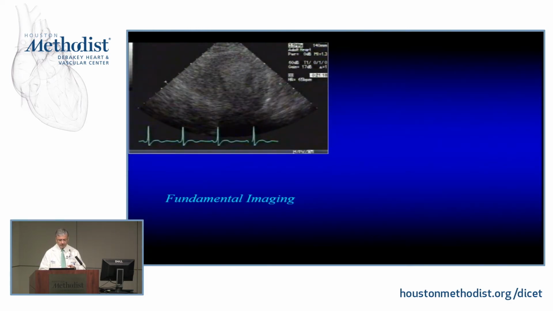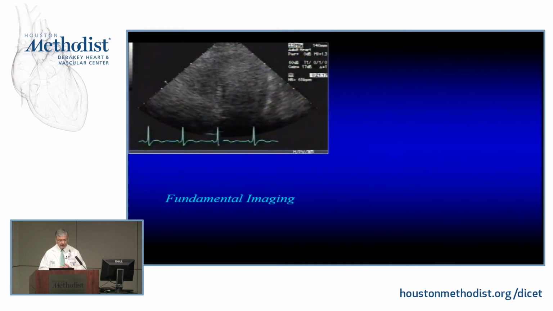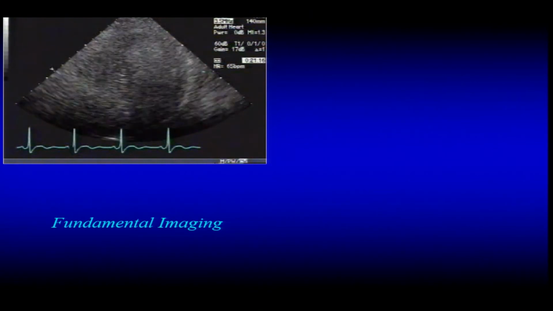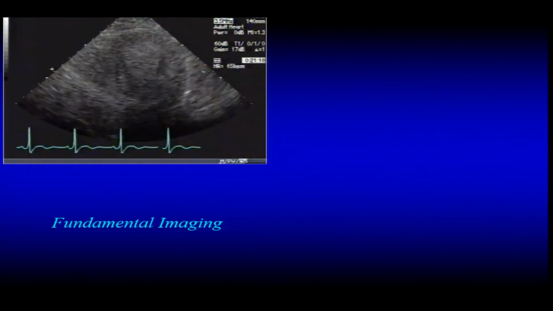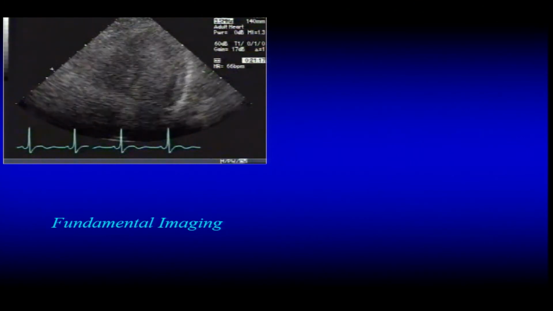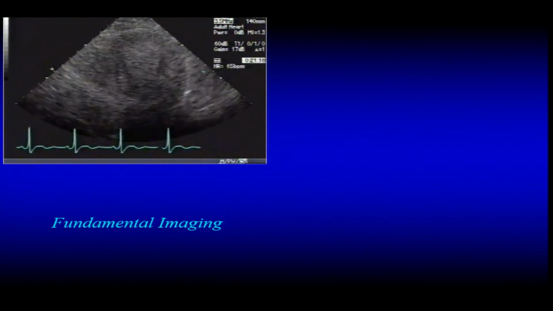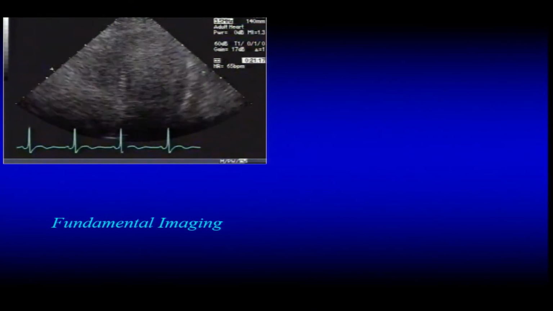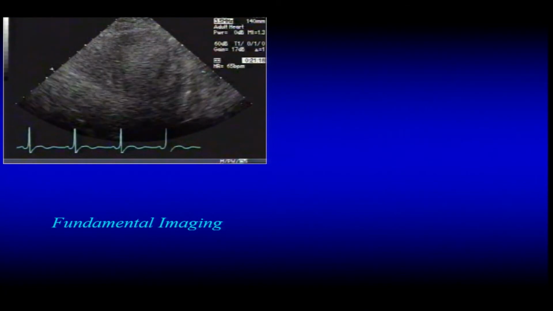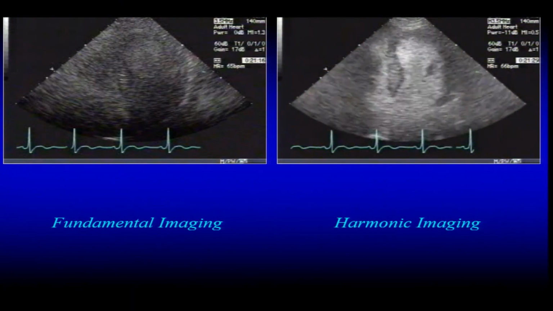Okay. So on the left side, I've used contrast, and I'm imaging with fundamental imaging. Okay. So using fundamental, I don't think any one of you is liking this image. Right? Watch what happens if I use harmonic, within just a second apart.